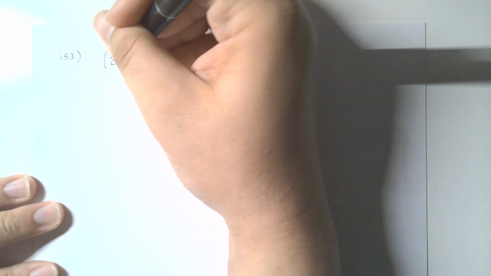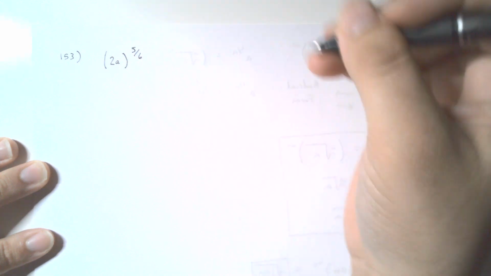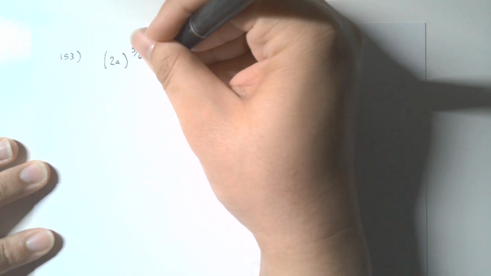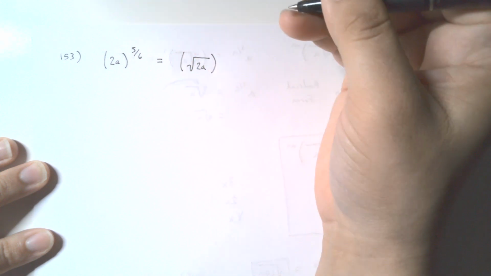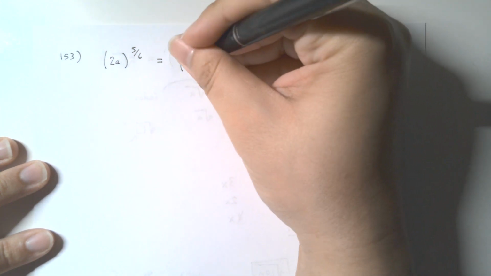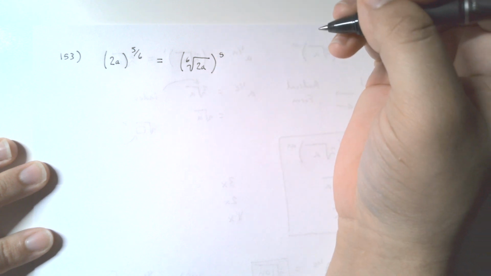Okay, so let's look at number 153. For number 153, we have 2a to the power of 5 over 6. Rearranging as before, we can write this as root of 2a. Bottom number is your index. This is a 6. Top number is your exponent. So this is a 5.